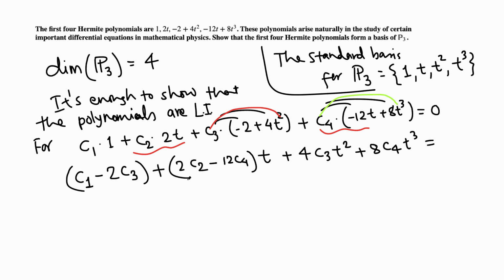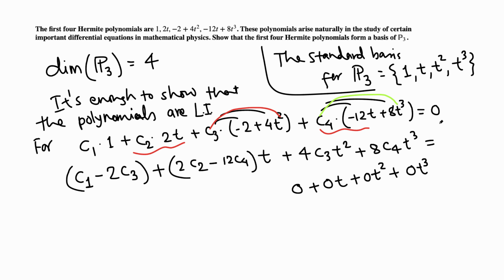Let's look at the constants, and the coefficients of t, t squared and t cubed. This 0 can be written as 0 plus 0 times t plus 0 times t squared plus 0 times t cubed.